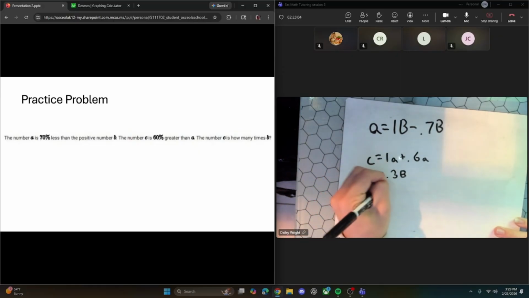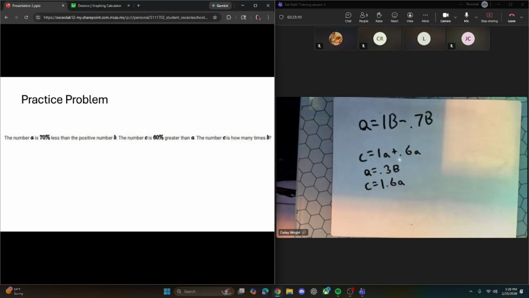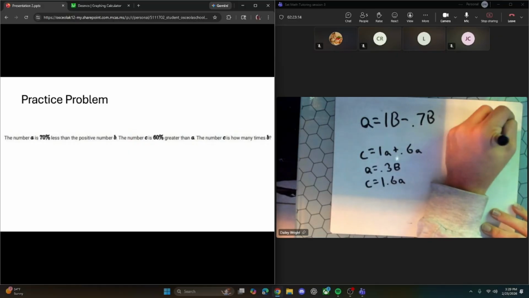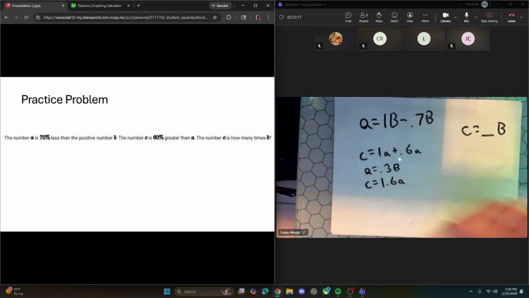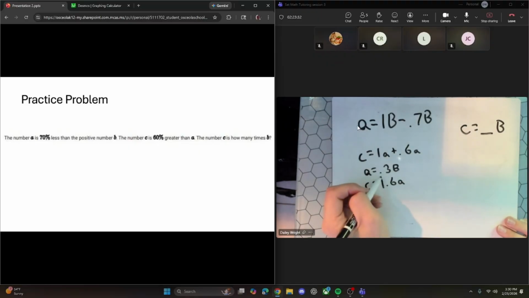C equals 1.6A. Now, we want to know the number C is blank times B. So we're setting it up as this again. That's what we're looking for. So C is how many times B. So we would plug in B to this equation. A equals 0.3B, so you can plug in 0.3B to that 1.6A.